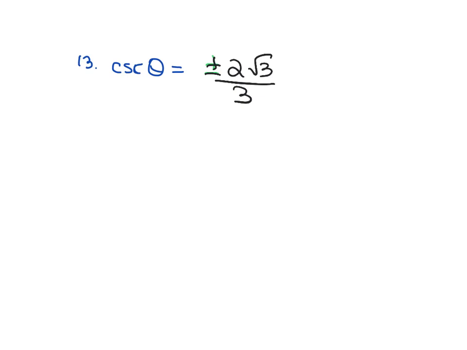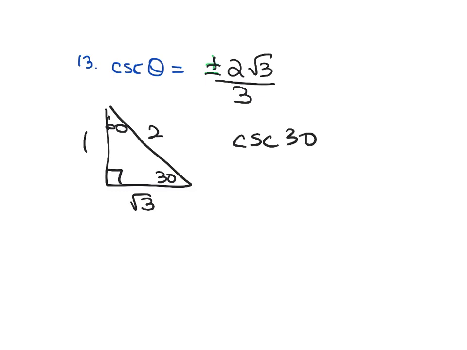All we have to do is figure out the reference angle though. We don't know if it's the 30-degree reference angle or the 60, and this is where I can draw the triangle and then do the cosecant. Again, it's a 30, 60, 90. If I draw the triangle here and add in the numbers, it's easier to do cosecant of 30 and cosecant of 60 to see which one gives you this answer.